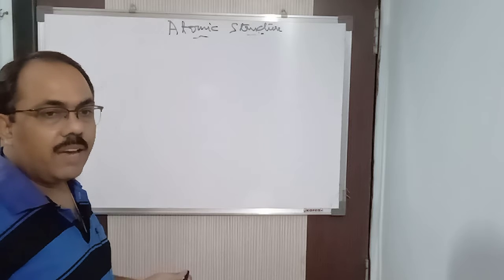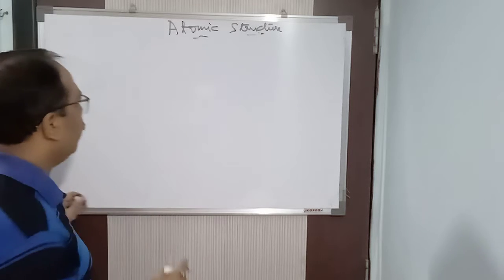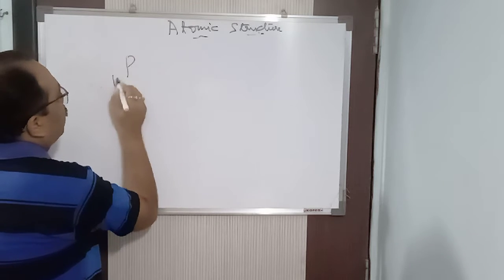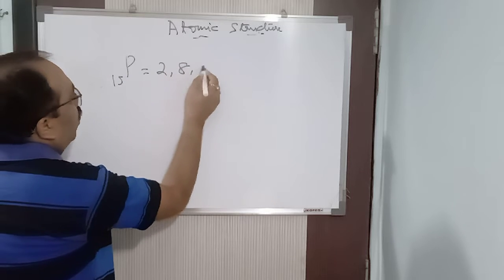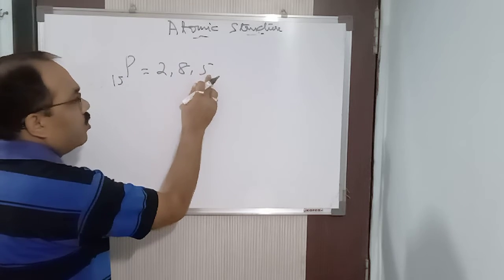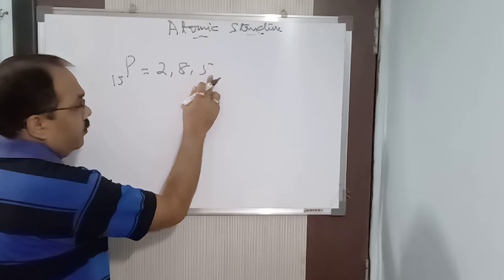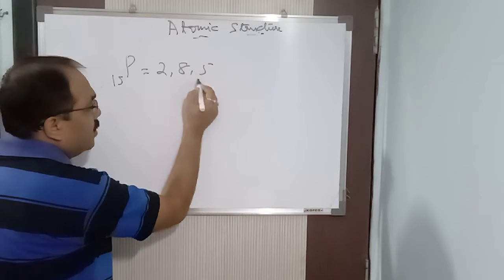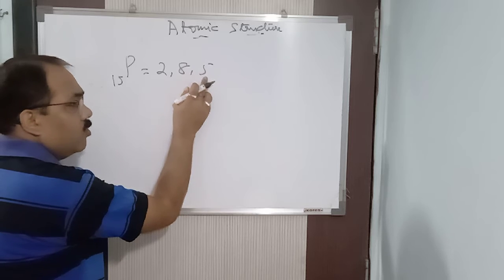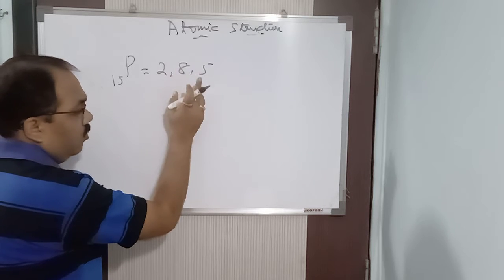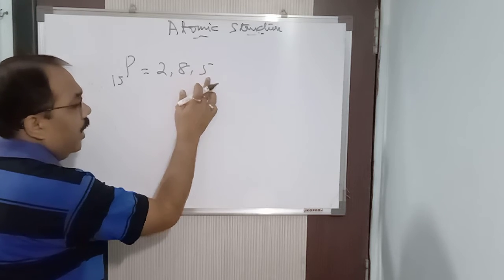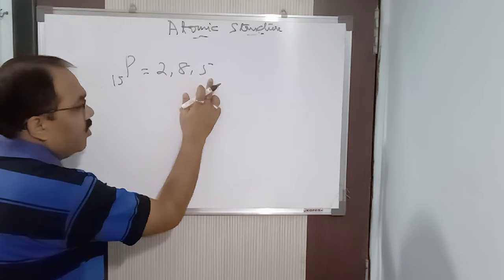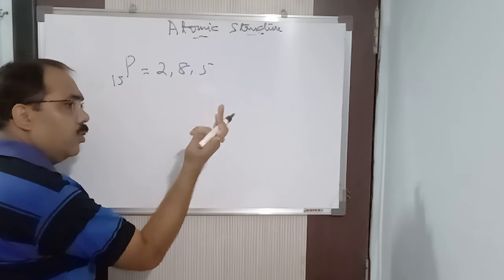Got it? But if it is having 5, 6, 7 in the outermost shell, for example, phosphorus 15, so the electron configuration is 2, 8, 5. So, it is going to gain 3 electrons. How do I know it is going to gain 3 electrons? Because what I told you, to become stable, how much does it require in the outermost shell? 8. Because I told you the outermost shell has to be either a duplet or an octet. If it has only one shell, then it will be a duplet.